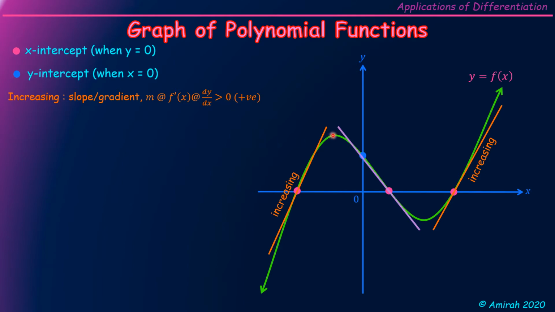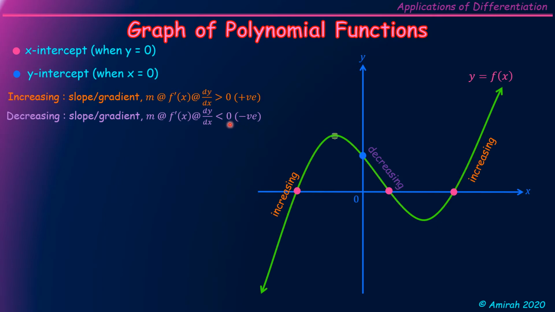And look at this line. This line is downhill. This is called decreasing. Decreasing happens when the slope or gradient or the first derivative has negative value or less than 0.